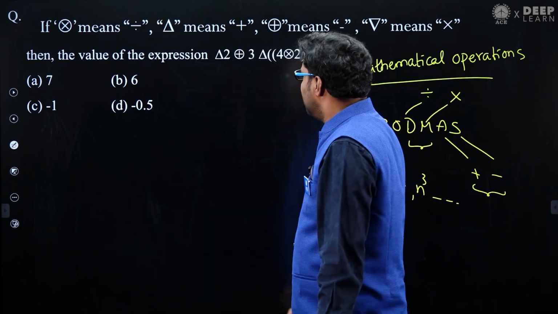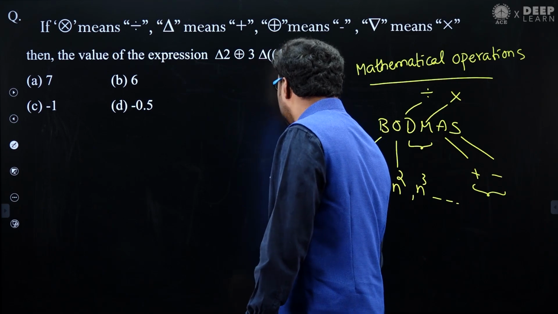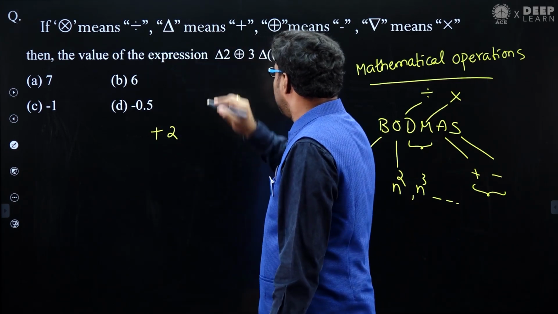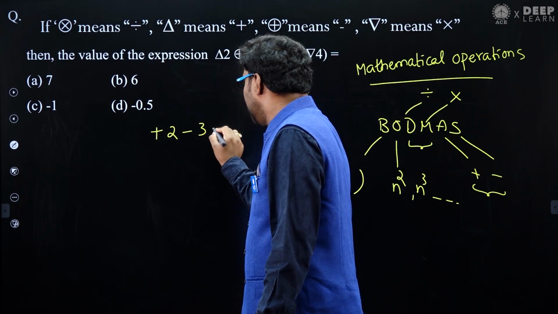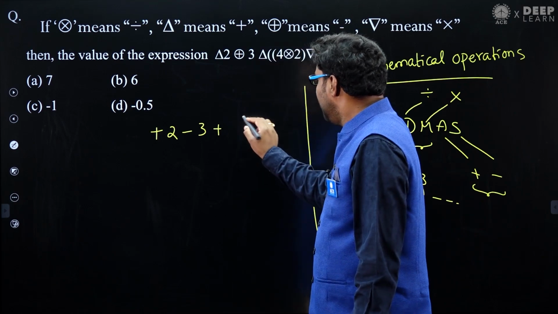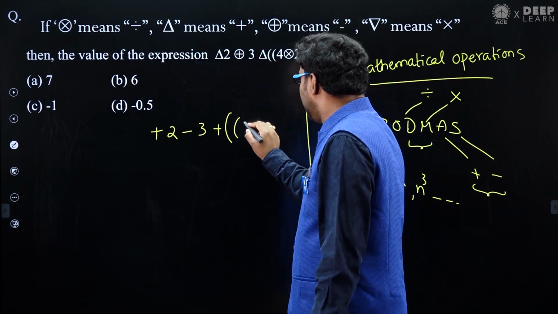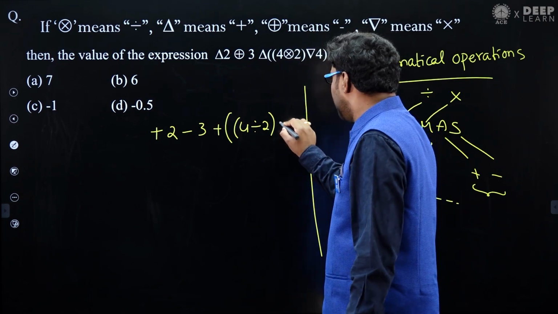Now here, first you change the symbols. As per that, plus 2, because delta is plus, and the circle with plus symbol is minus 3. Again delta means plus, internally 4 divided by 2. We should perform the division, then this is multiplication.